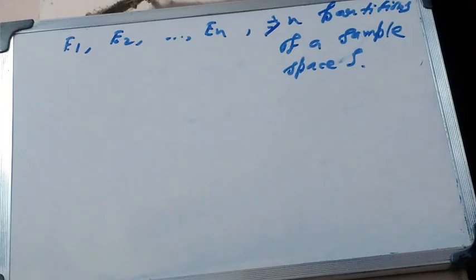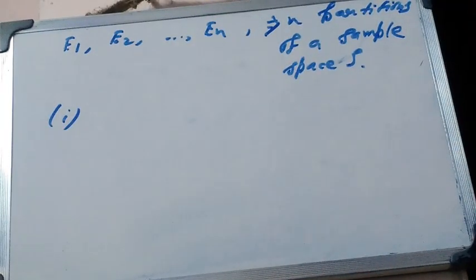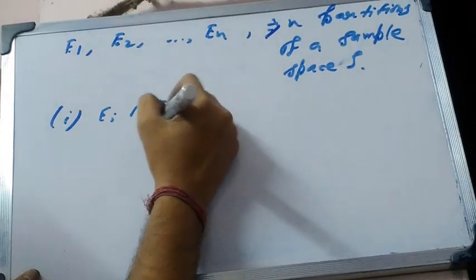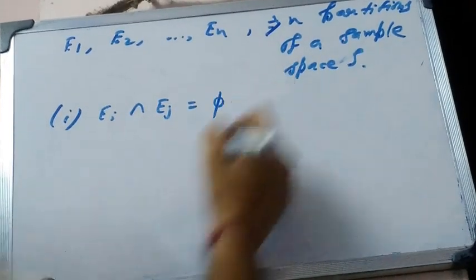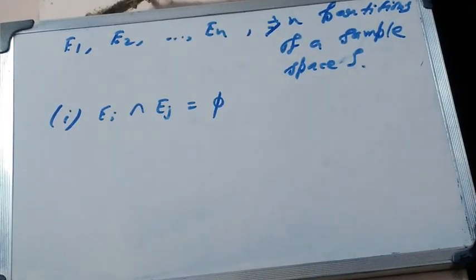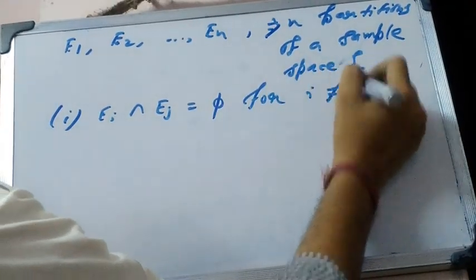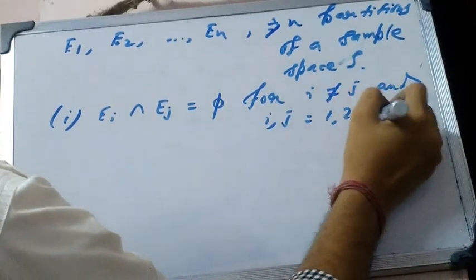The first condition is Ei intersection Ej is equal to phi for i not equal to j, where i and j are 1 to n.